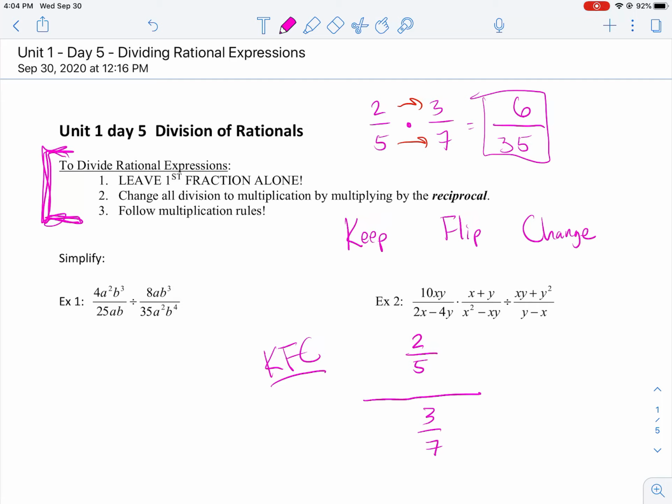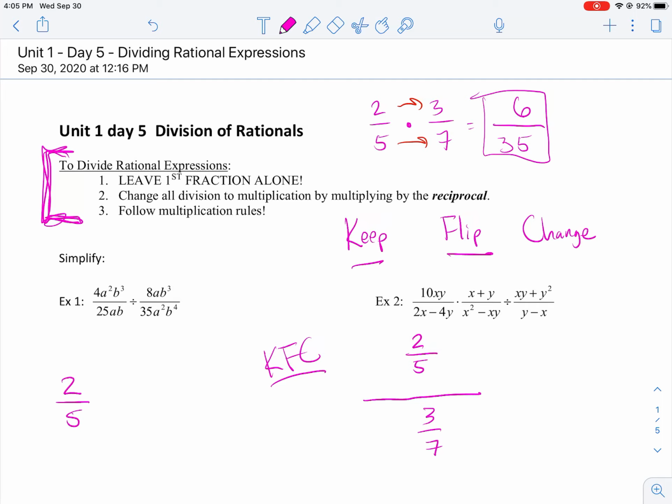Okay, so let's think about this. 2/5 divided by 3/7. It says keep, or in the directions here, leave first fraction alone. So I'm keeping the first fraction, over here to the left. The next thing it says, flip.